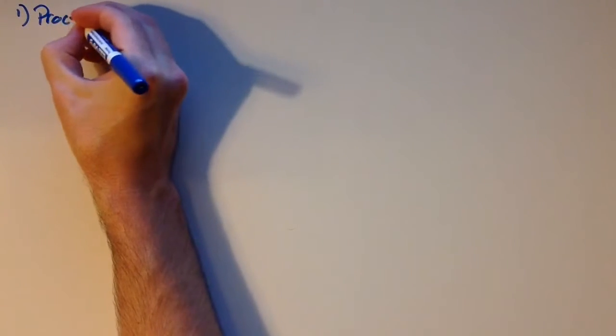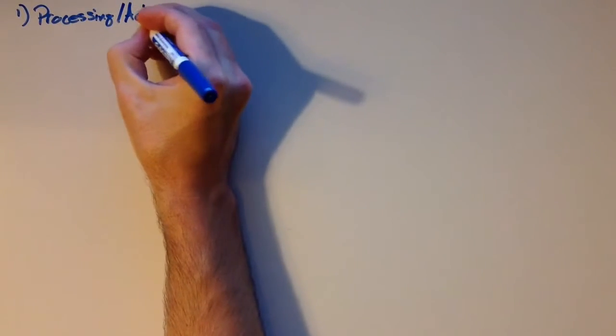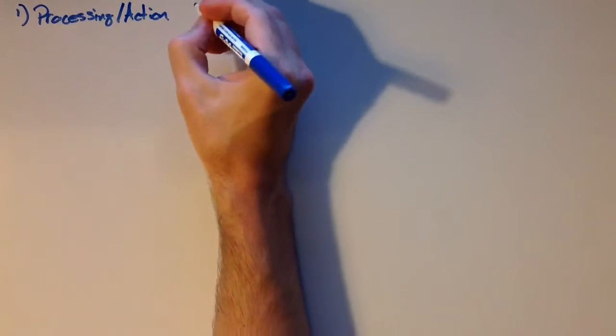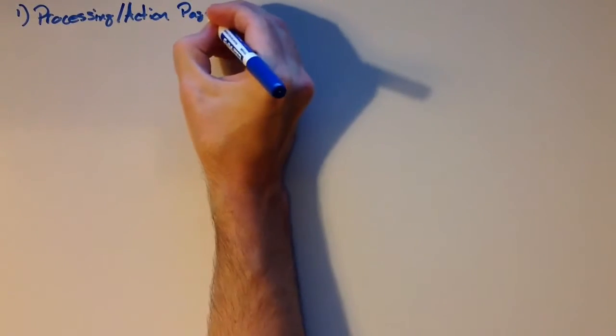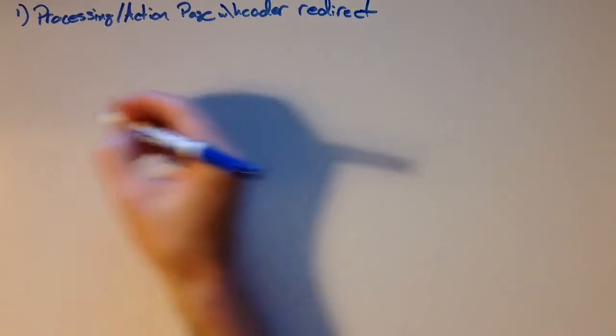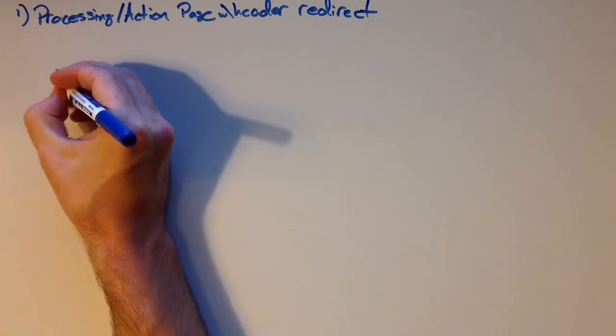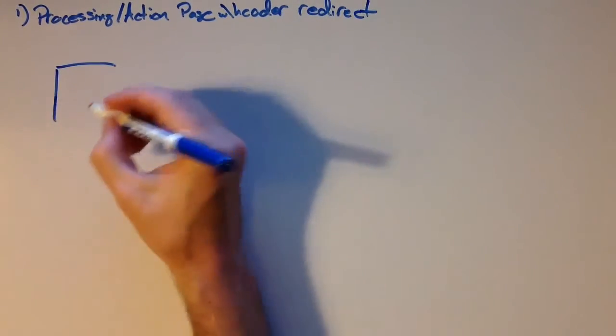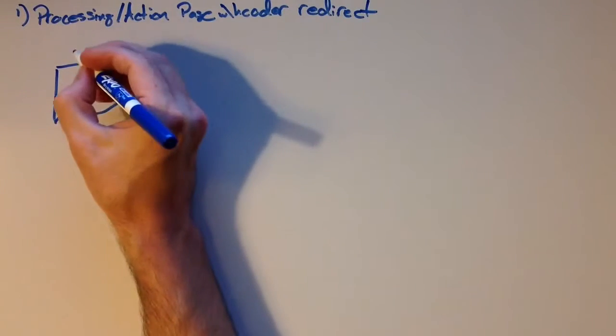There are three main ways of approaching it, and the first way that I learned, I'll just refer to it as a processing or action page with a header redirect. What that means is that you have a page that renders the form.